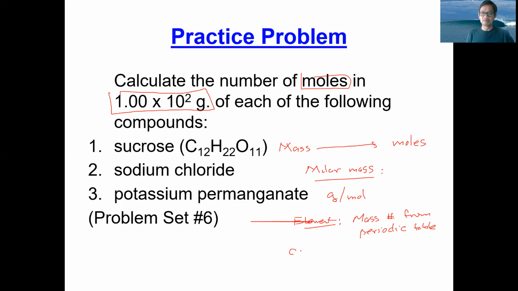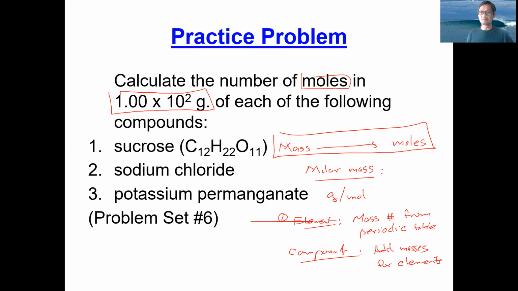For compounds, though, we still use the periodic table, but with compounds we add the masses for all elements in the compound. And so if the substance is an element and we're doing this conversion, we just take the molar mass directly from the periodic table.